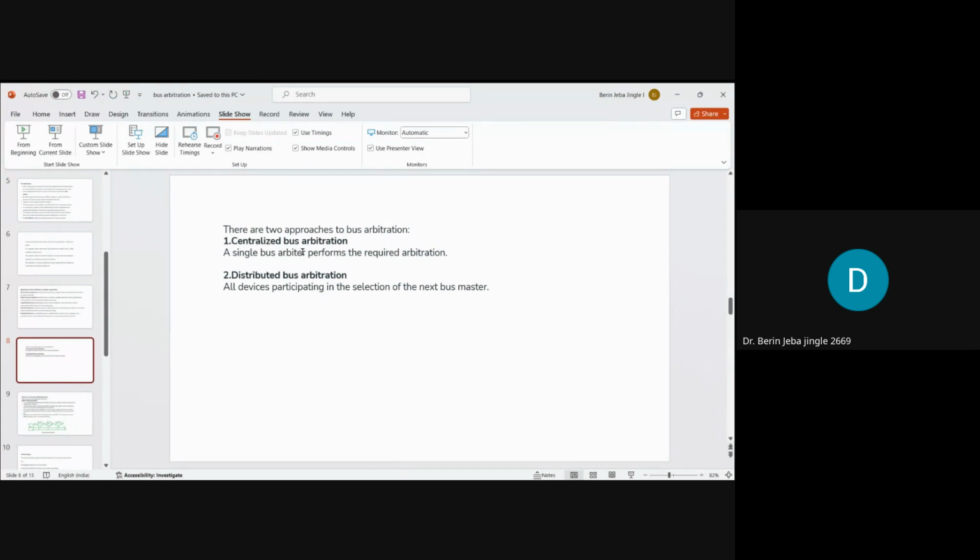That is the bus master or the bus controller. Distributed means all devices participate in the selection of the next bus master. So first we are going to study the centralized bus arbitration. Am I going too fast? Can you follow me?